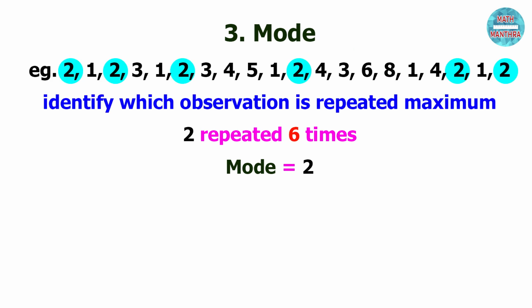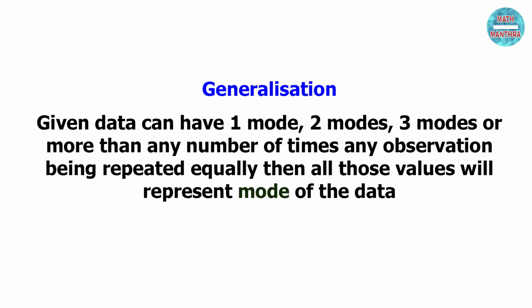In the previous data, we had only 1 mode. So, generalizing, the given data can have 1 mode, 2 modes, 3 modes, or any number of modes: if any observations are repeated equally, then all those values will represent the mode of the data.